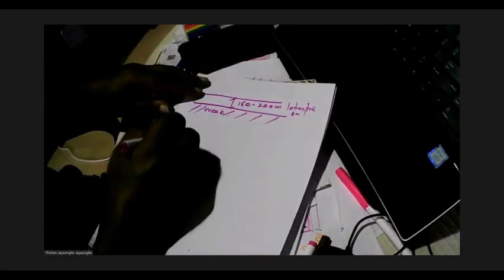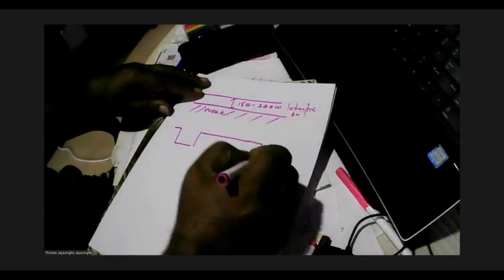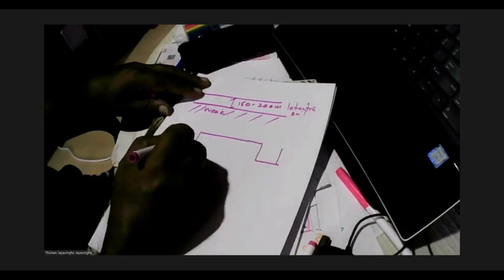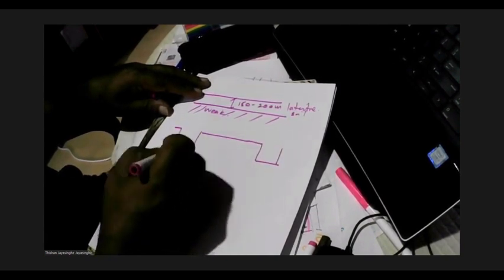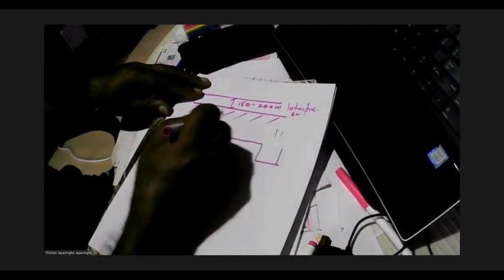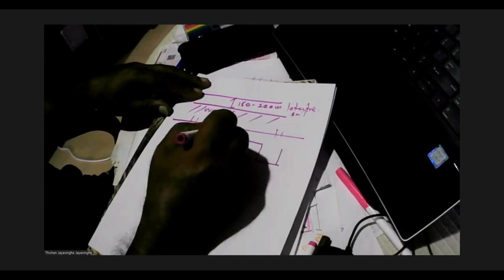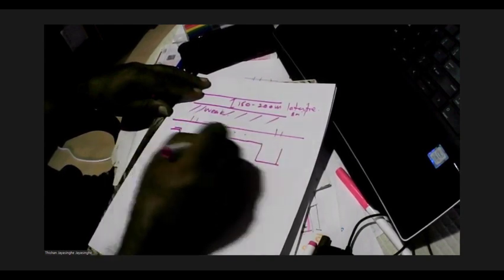So we could do the excavations like this. So these are the beams on the lines where the columns are located. In between we just laid the concrete.